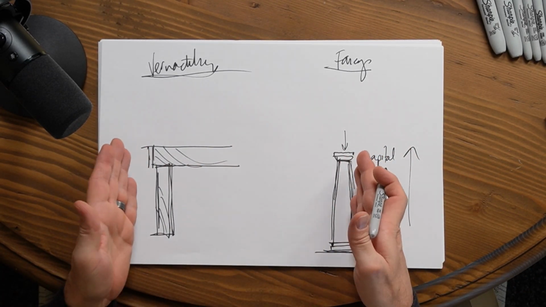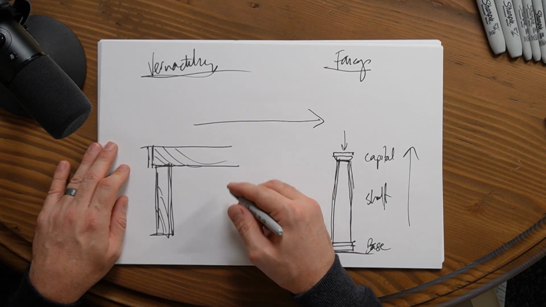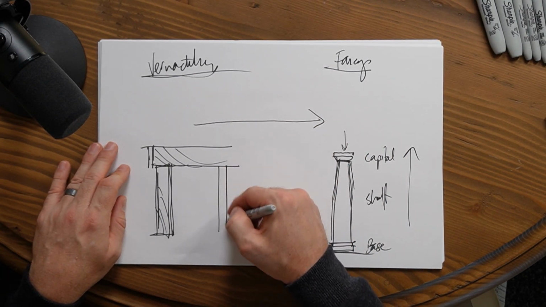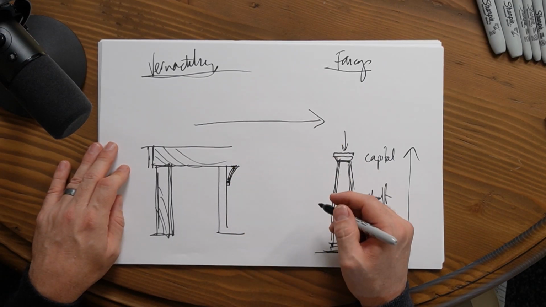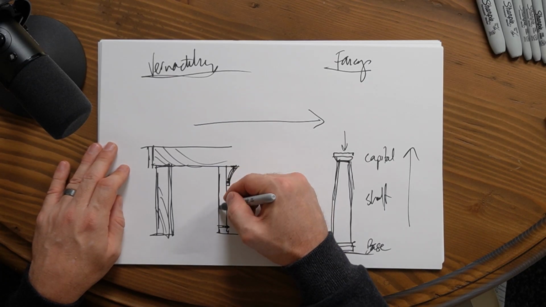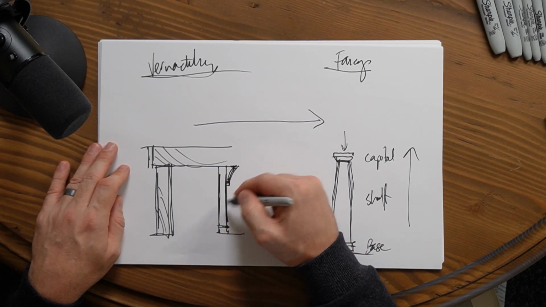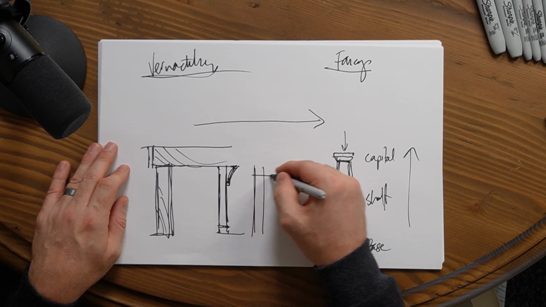And this is where it begins. And as we transition from vernacular to fancy, what ends up happening is, all right, let's put a column here, but now let's put a bracket on it. Okay, now let's put a base on this one. Okay, now let's chamfer the edges so it has a little bit more decoration. Okay, now let's actually begin to play with what the top looks like.